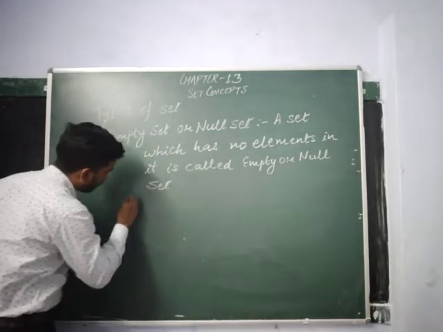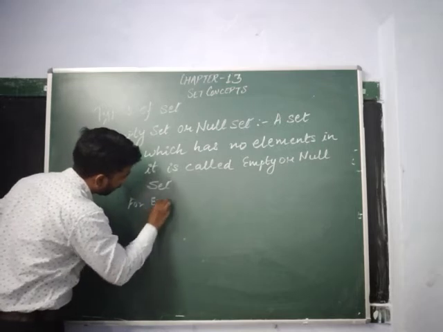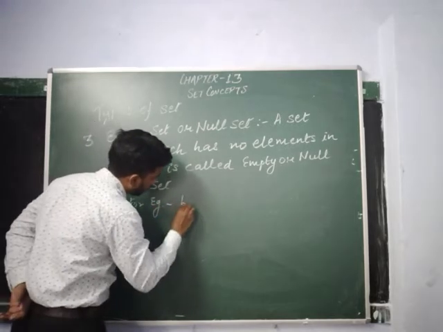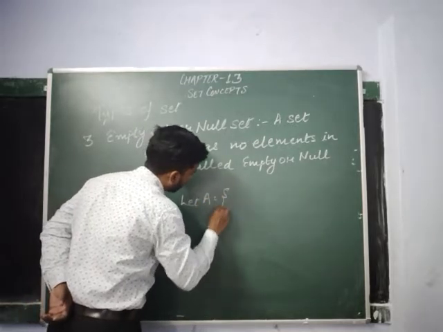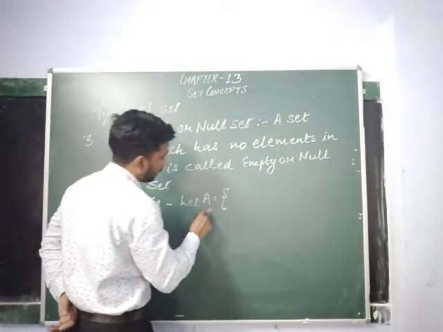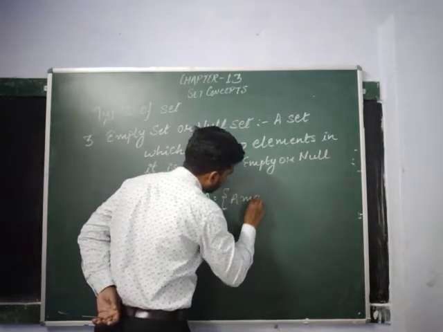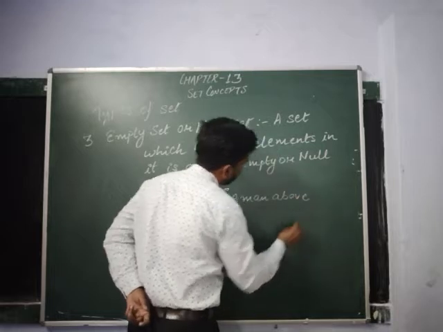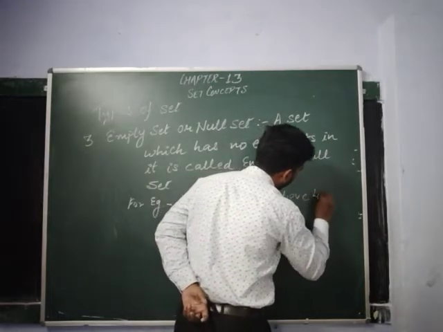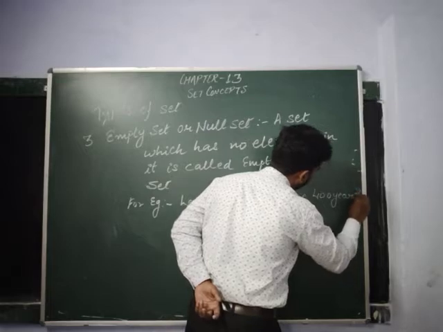Let's take an example. For example, let A is a set, a man above 400 years. Okay.